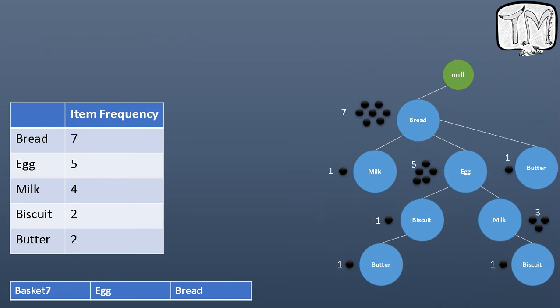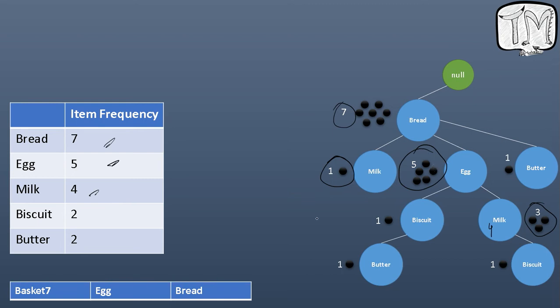Okay, so next I've just mentioned the frequency. So as you can see in the data, we had bread 7 times, and also we are getting 7 dots here. Milk we had 4 times. Okay, so 1 plus 3, so in total we have milk 4 times. Similarly, we had egg 5 times, so all are clustered here.